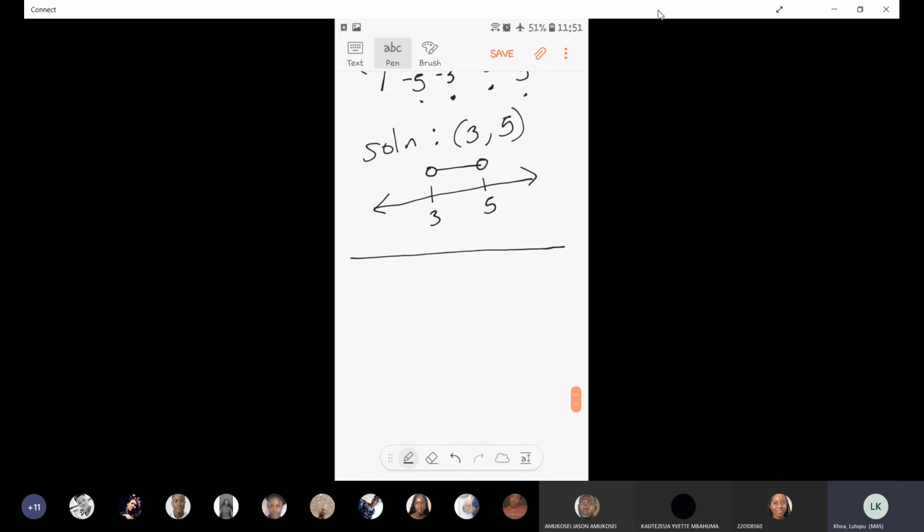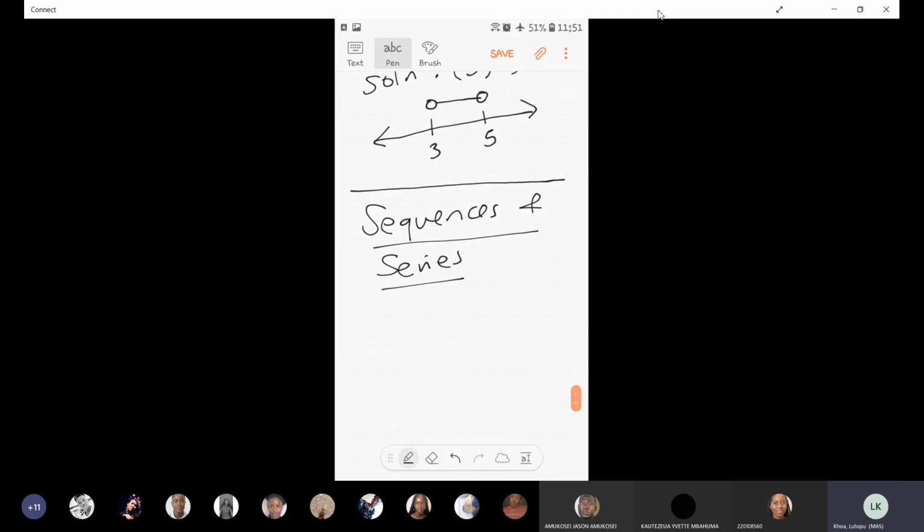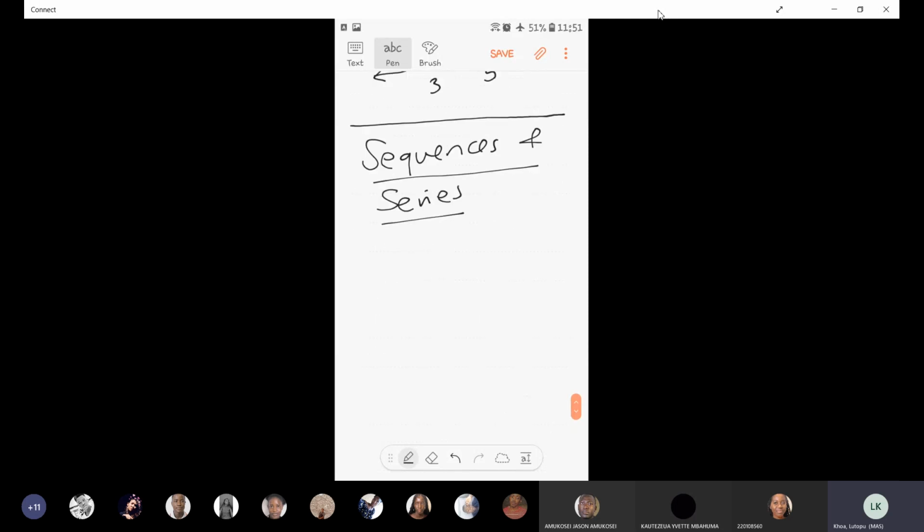Then we move on to the second last chapter of the course, which is on sequences and series. Okay, now a sequence is just a list of numbers in a given order.